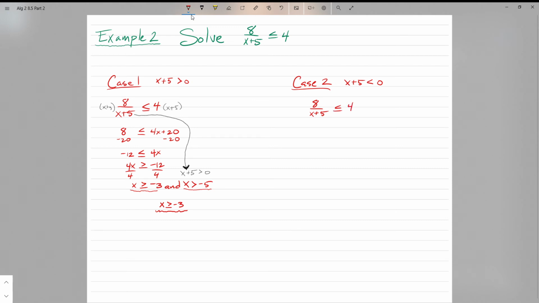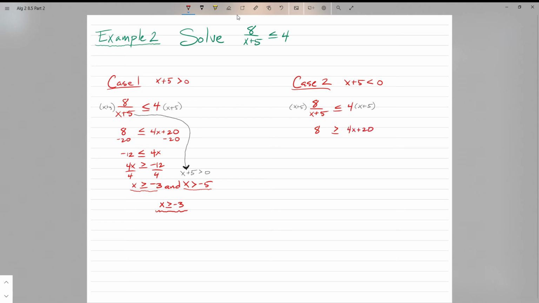And I'm still going to multiply both sides by x plus 5. But because I'm assuming that x plus 5 is negative, on the next line my inequality would switch because I multiplied both sides by a negative number. And this would still read 4x plus 20.